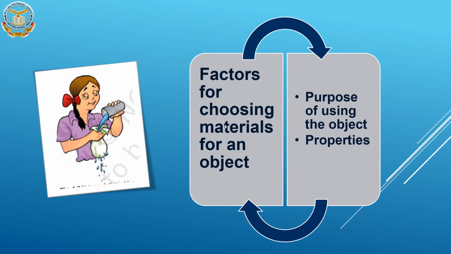Similarly, it would not be wise to use paper-like material for cooking vessels. We see then that we choose a material to make an object depending on its properties and the purpose for which the object is to be used.